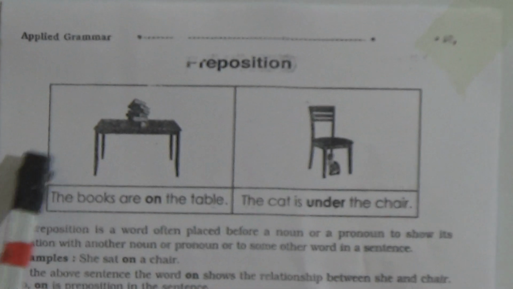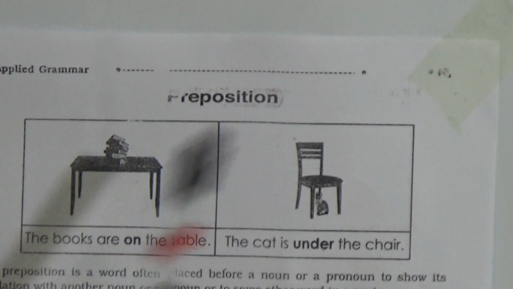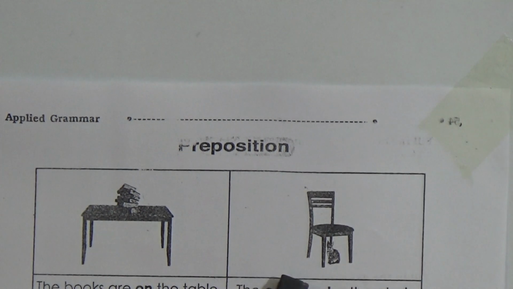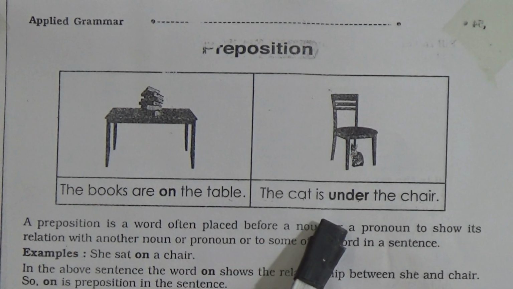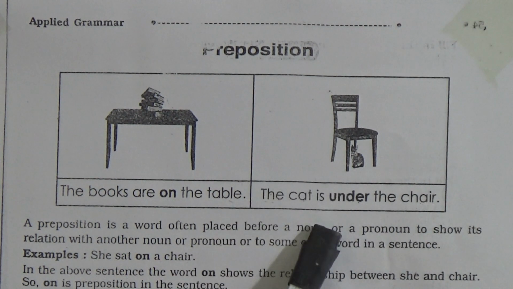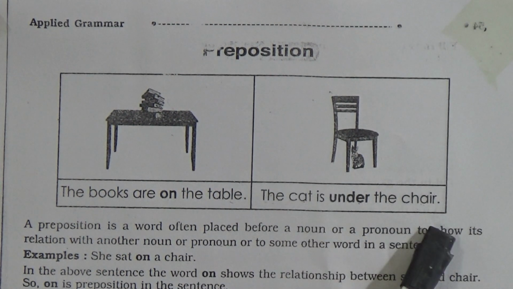Look here, at first you have to know what is preposition. Here you will get a picture of a table and another picture of a chair. The books are on the table, and in another sentence, the cat is under the chair.